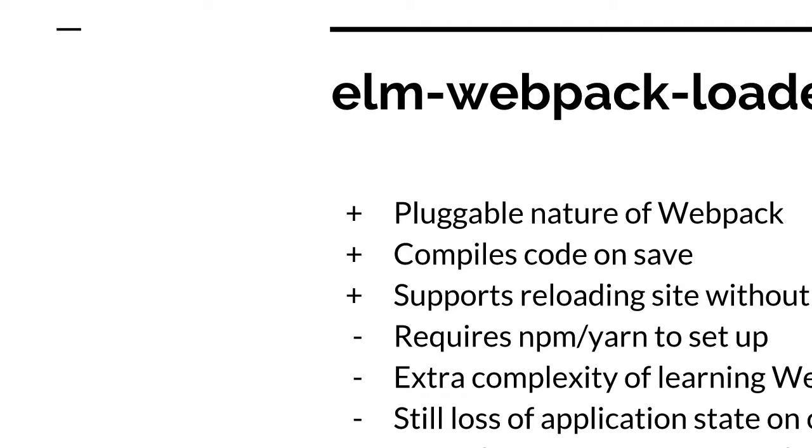So even if you have something loaded via ports or something that interacts with ports, it will still keep that state. And some of the negative points would be that you require all those npm packages, or via yarn. And you will have to learn a lot of Webpack to finally get to that point where you can actually reload without state loss. And there is a bug right now where you still lose application state when you run into a compiler error.